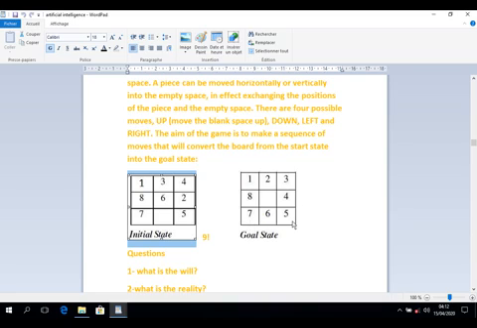So the search will examine the states to find the state where the tiles are arranged in this manner. Is it okay? Fine.